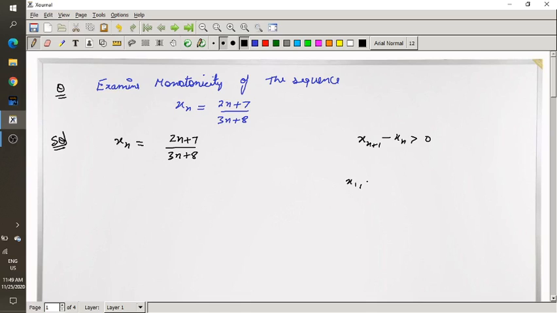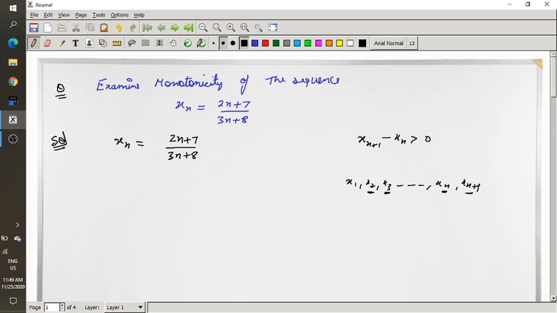It is like x1, x2, x3. Suppose this is a sequence, xn plus 1. When would we say that the sequence is increasing? If this term is greater than this, no? If the later term is greater than the previous term.